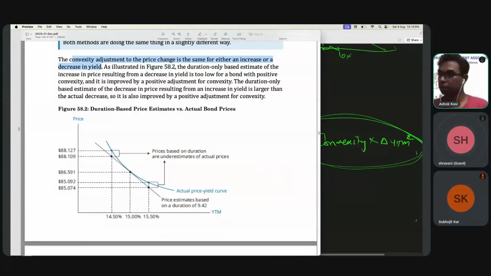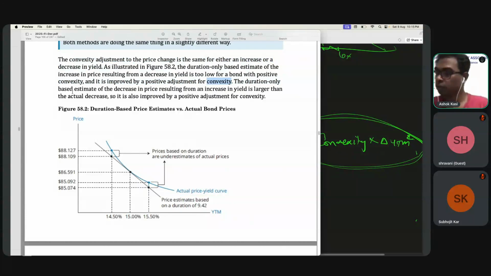As illustrated in figure 58.2, the duration only based estimate of the increase in price resulting from a decrease in yield is too low for a bond with positive convexity. That means without convexity, it is too low. Because of the convexity, it is jumping up, and it is improved by a positive adjustment for convexity.